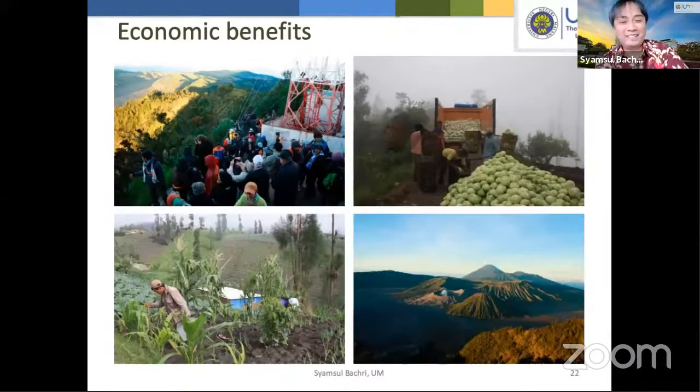Another side within the Bromo is about economic benefits. In the third slide, I showed you the impact of eruptions.